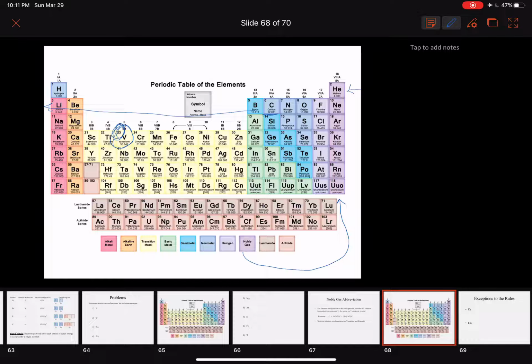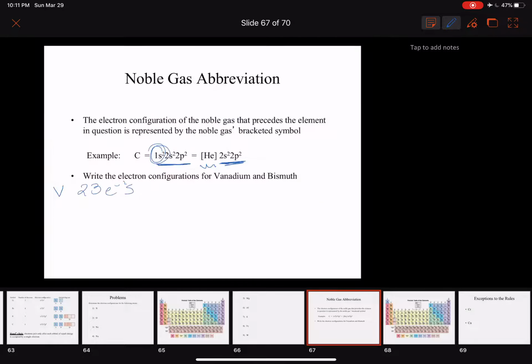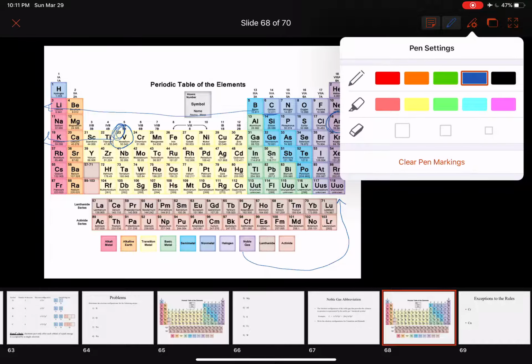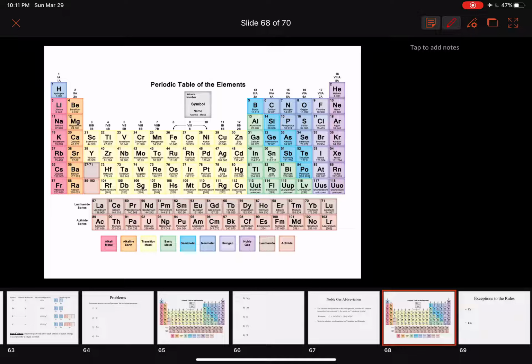So vanadium's previous noble gas is back here at argon. So we say that vanadium's electron configuration is the electron configuration for argon, and we put that in brackets. And then we write all of the electrons that come after the electron configuration for argon.